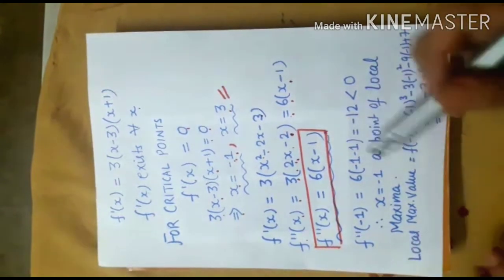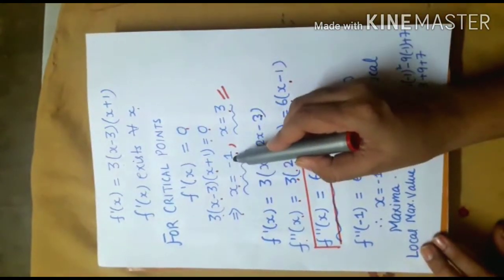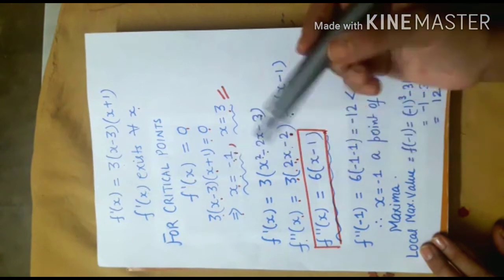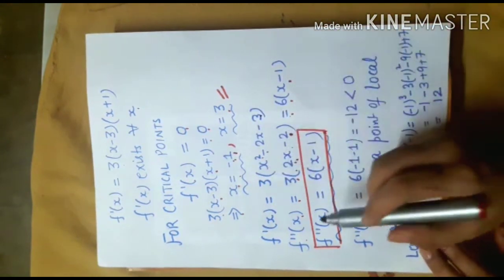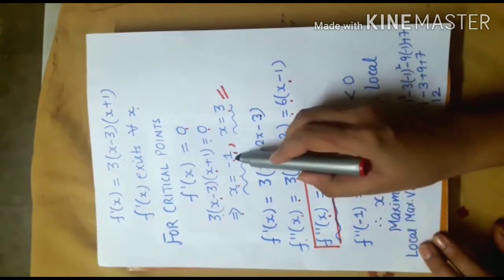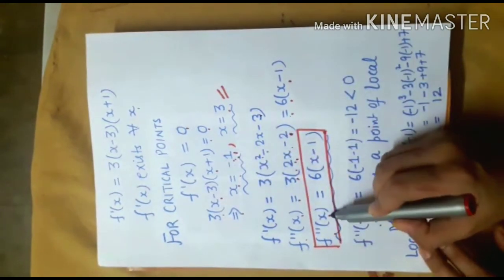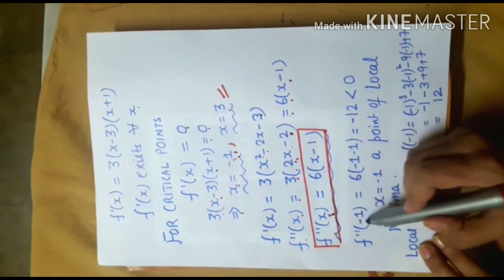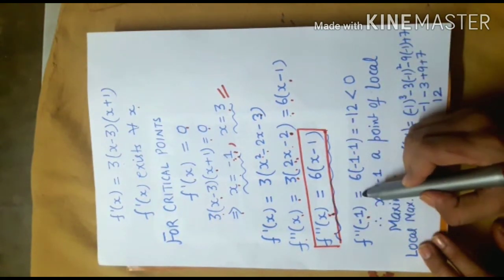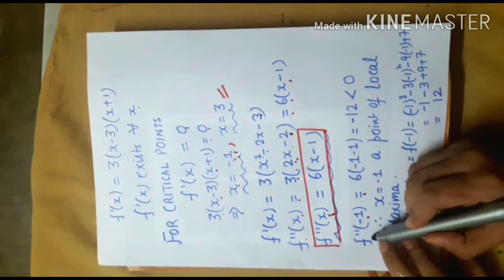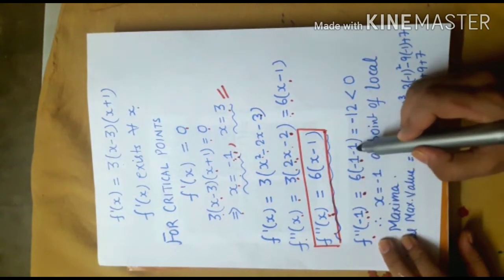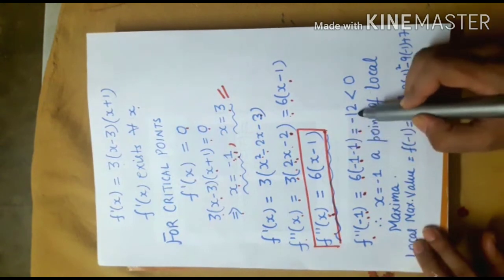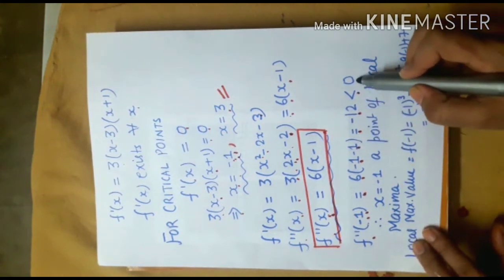Right? Now, the first critical point was minus 1. So I put the value of x as minus 1 in the second order derivative, and I'll check the sign. Yes, when I replace x with minus 1, I'll get the second order derivative at minus 1 is equal to 6 into (minus 1 minus 1), that is minus 12, which is less than 0.